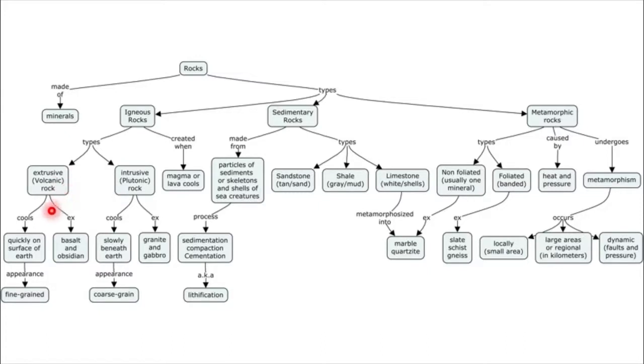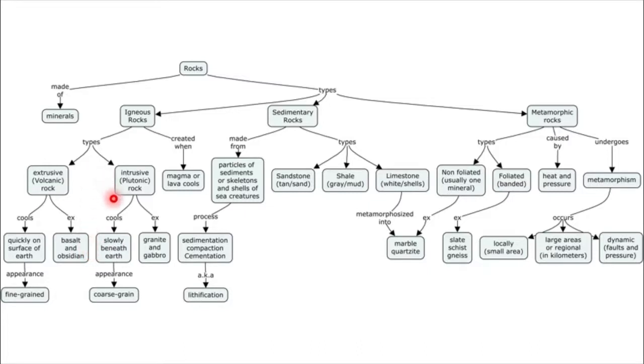This extrusive rock or volcanic rock cools quickly on the surface of the earth because it is made from lava. And since lava is exposed to the ambient atmosphere, this type of cooling will produce a fine-grained extrusive rock. The examples for extrusive rock are basalt and obsidian.